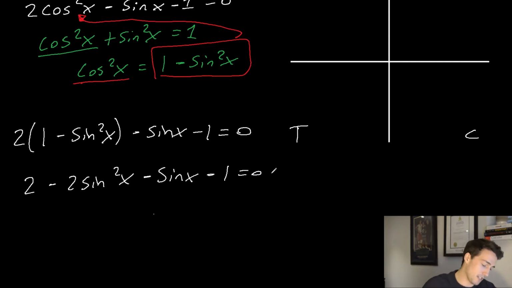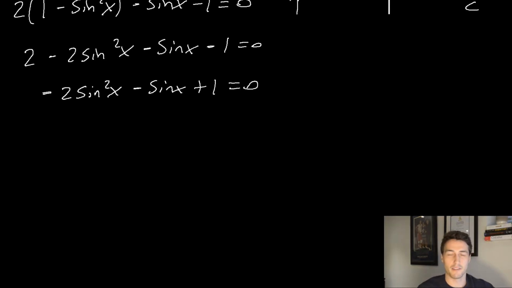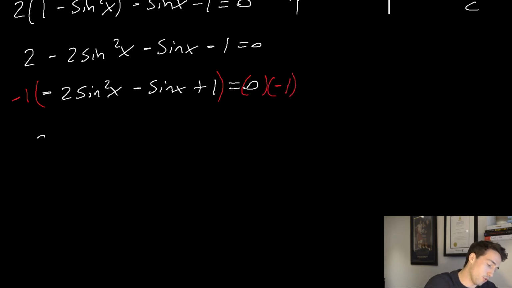Now collecting like terms, I'll get negative 2 sine squared x minus sine x, and then this 2 and this negative 1 is just plus 1, equal to 0. To get rid of some of these negatives, I'm going to multiply both sides of the equation by negative 1. So this side will be 2 sine squared x plus sine x minus 1, and this side, 0 times negative 1, is still 0.